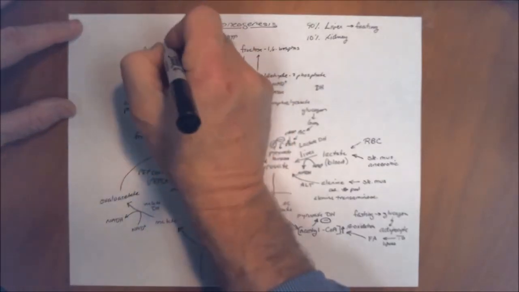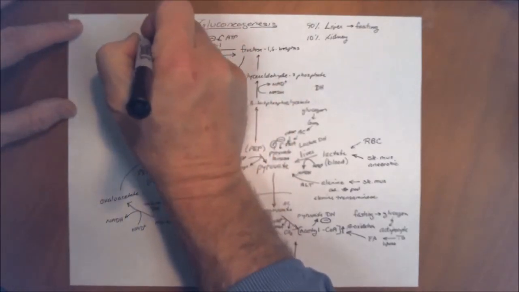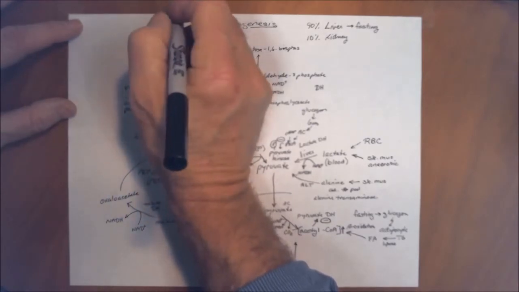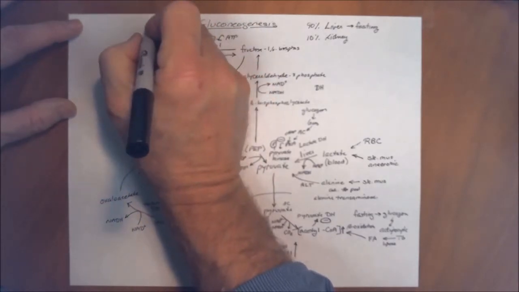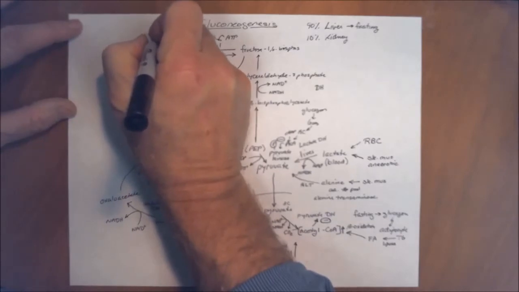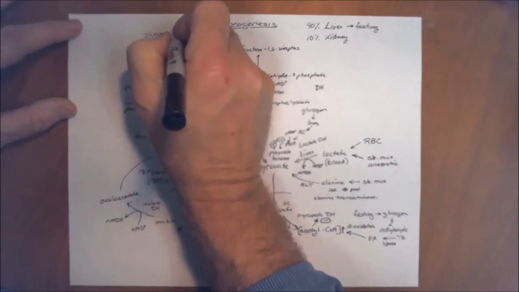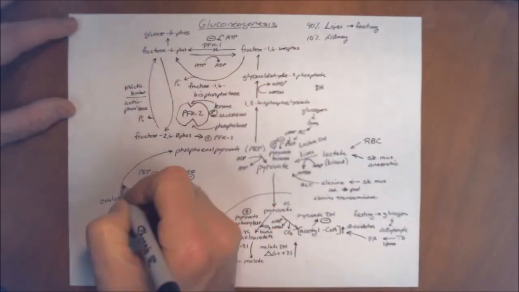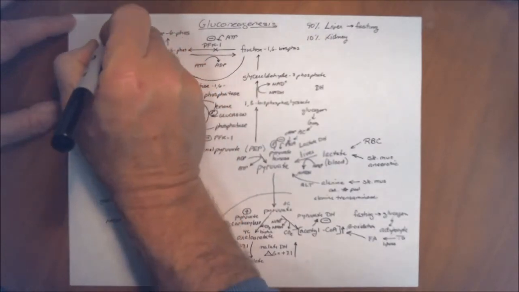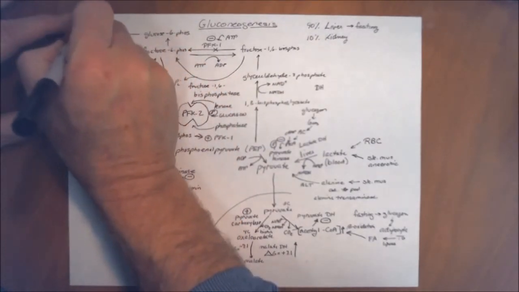Now once we get to fructose 6-phosphate, the isomerase, phosphoglucose isomerase, will convert this to glucose 6-phosphate, and then we need to convert this to glucose.